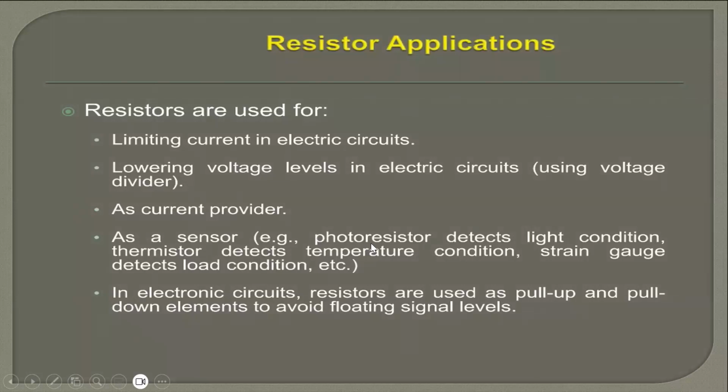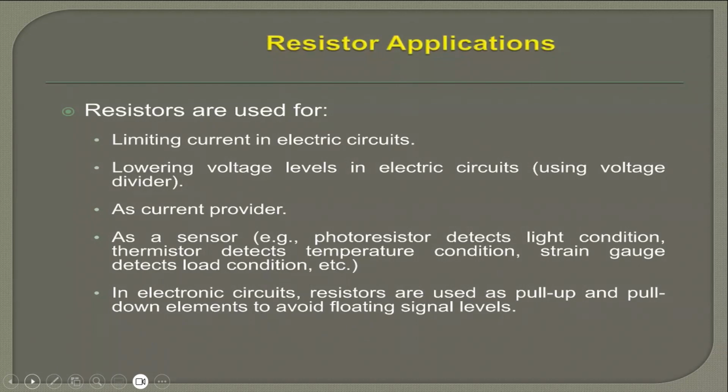For example, a photoresistor detects light condition, a thermistor detects temperature condition, a strain gauge detects load condition, etc. In electronic circuits, resistors are used as pull up and pull down elements to avoid floating signal levels. So these are the uses of resistors.